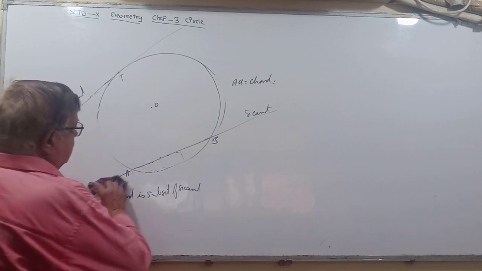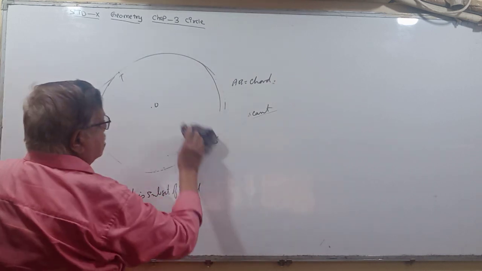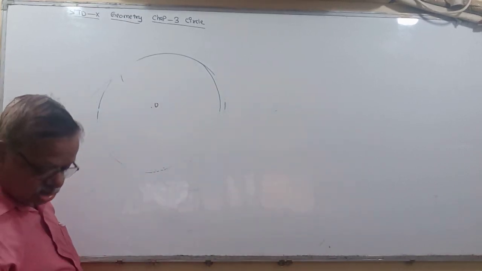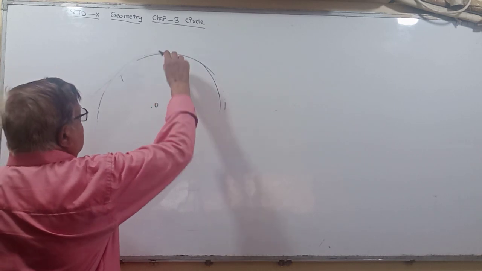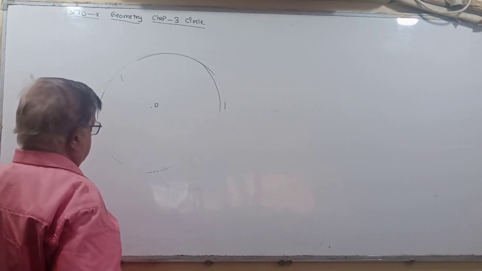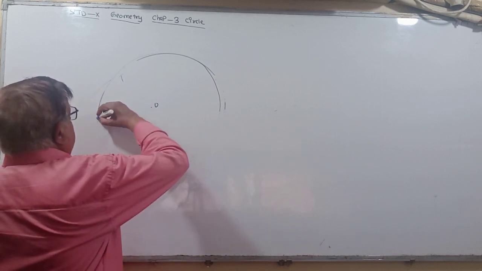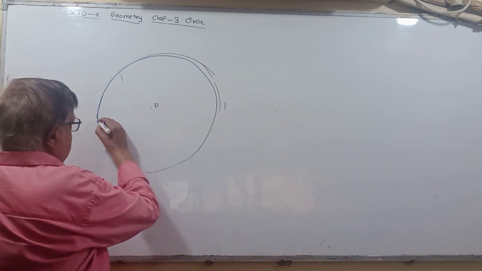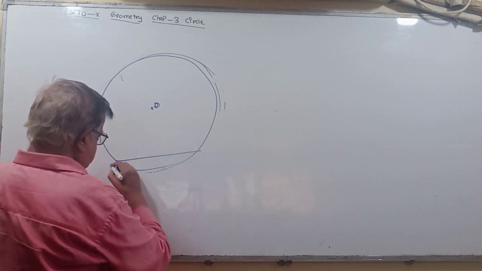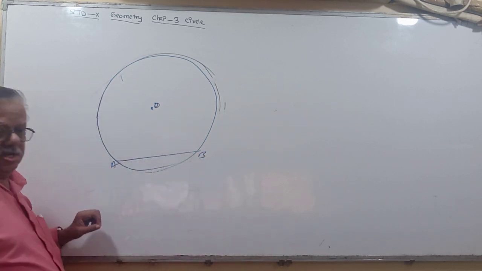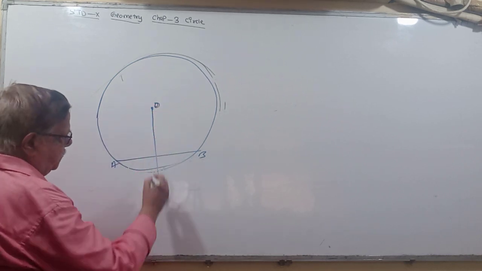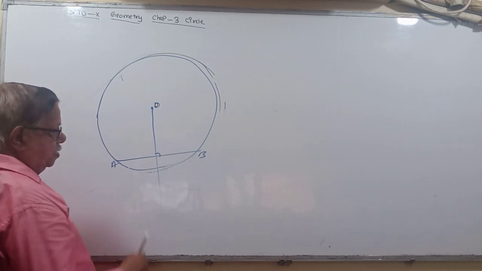Now let us see what we studied in the 9th standard. I will just revise it for you. You have a circle here, the center is O, and there is a chord AB. The first theorem we studied in the 9th standard: a line drawn from the center perpendicular to a chord bisects the chord.